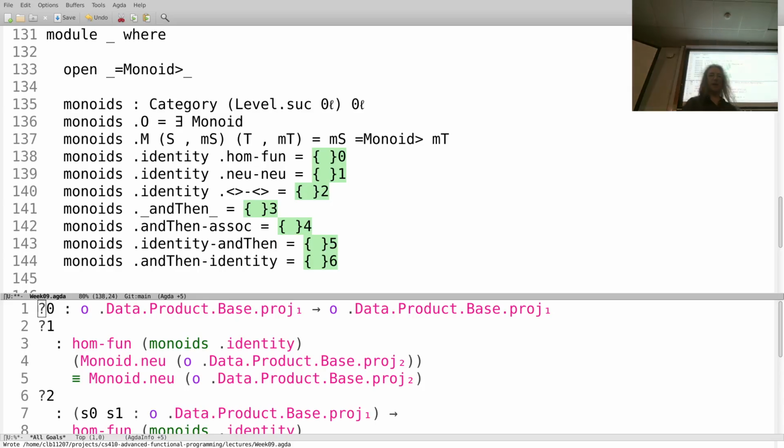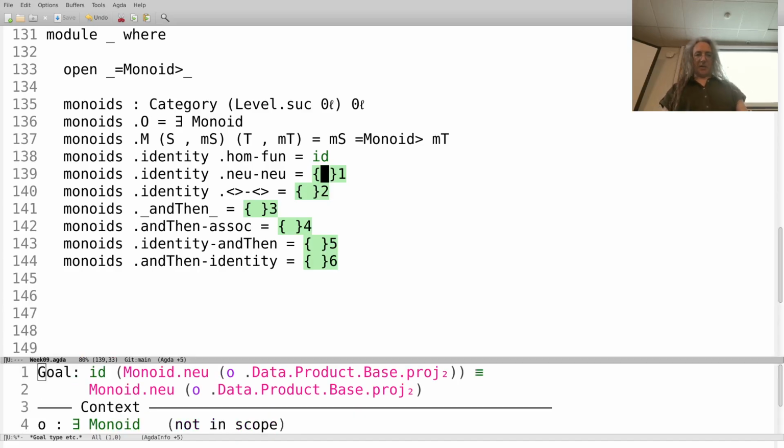Right. So now I have to say what's the actual underlying function of the homomorphism. Do we have id? We do. Good. It's the identity function.